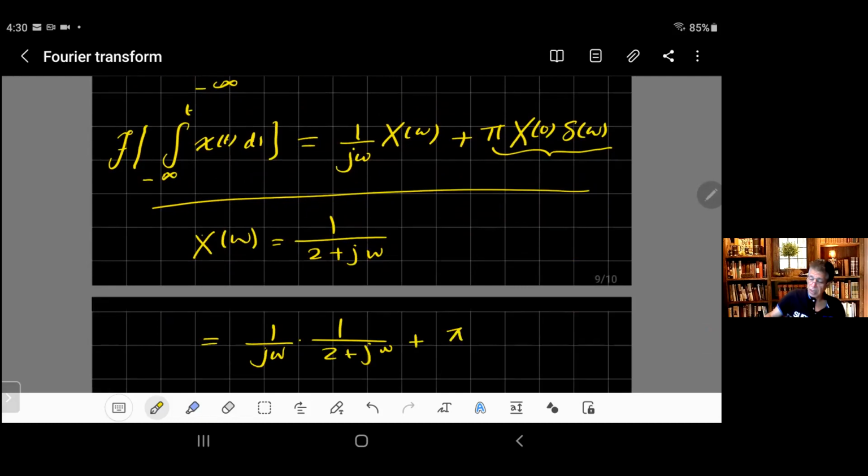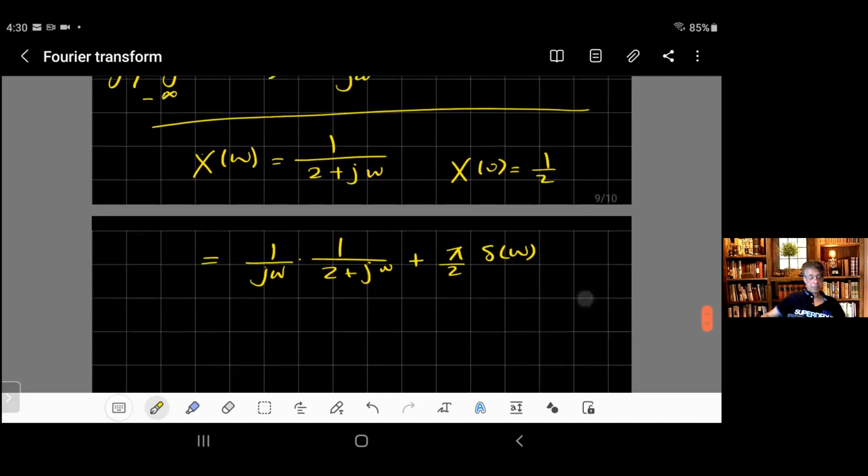X capital of 0 is 1 over 2, because omega will be 0 here. So plus pi over 2 delta of omega. And that's it. That's the integration.